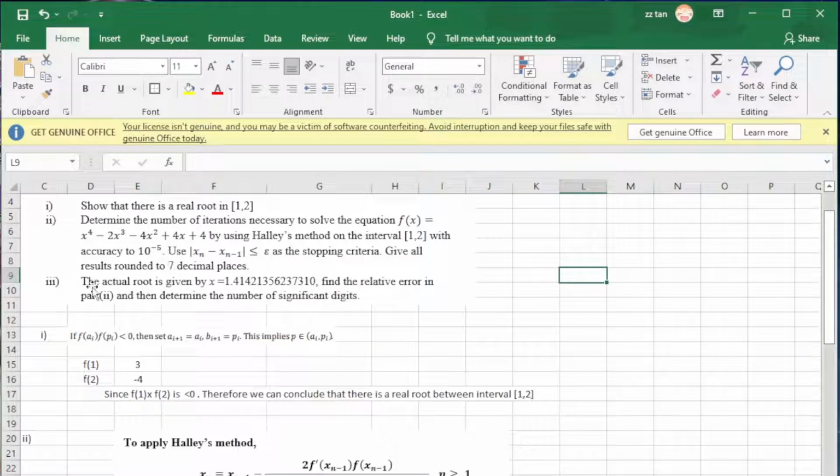So it's given that the actual root is x equal to 1.414213562373710. Okay, so he wants us to find the relative error in part 2 and then determine the number of significant digits.